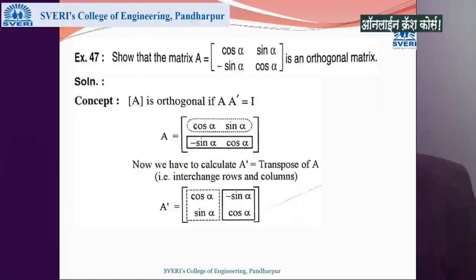The next term, R2 into C2: minus sin alpha into minus sin alpha, sin square alpha, plus cos alpha into cos alpha, cos square alpha. So sin square alpha plus cos square alpha gives 1. Therefore A into A transpose is equal to the identity matrix. Therefore the matrix A is an orthogonal matrix.